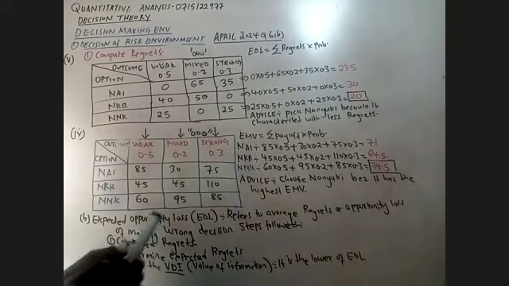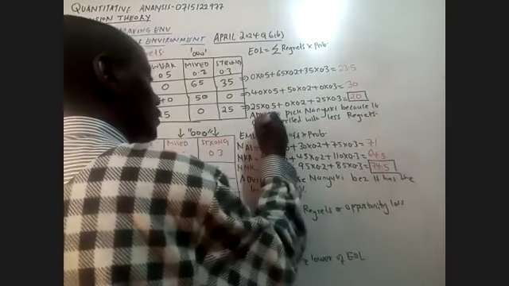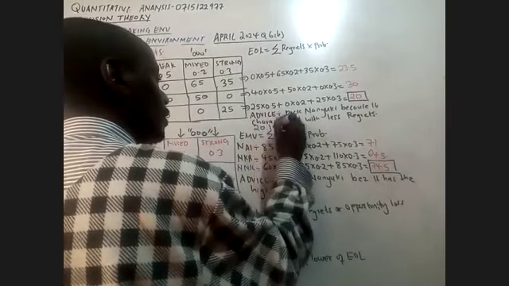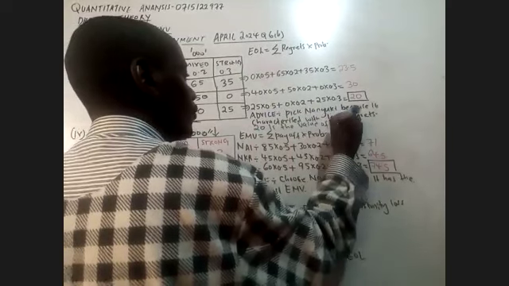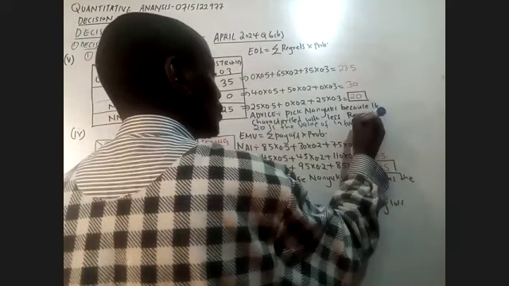So we can say 20 is the value of information.